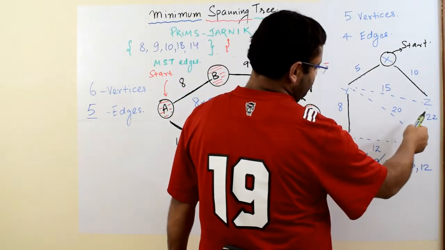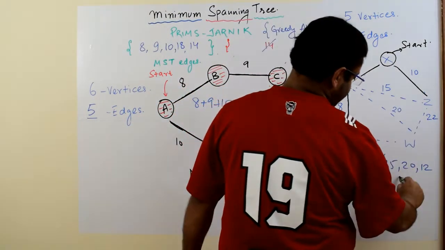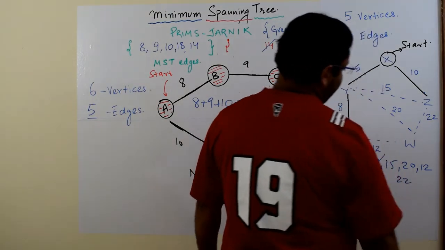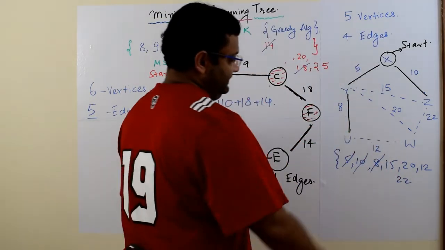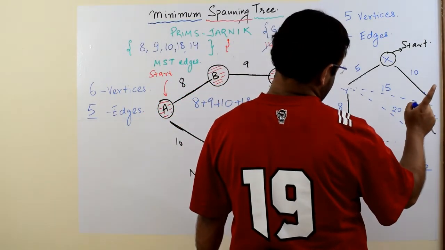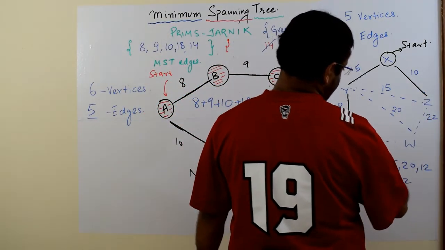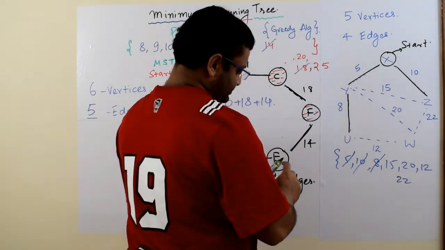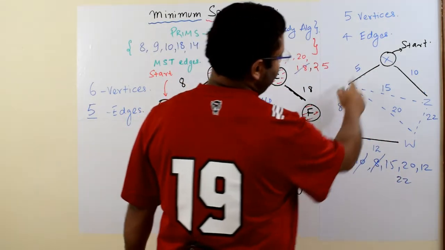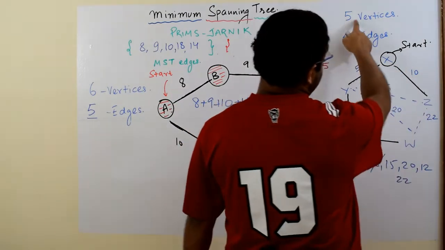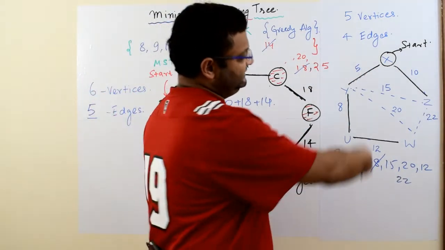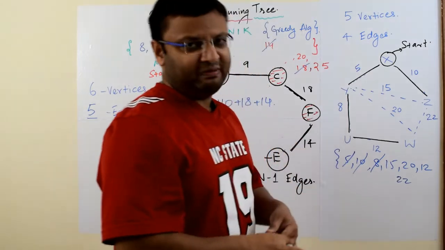Out of these you'll have 15, 20 which you already have, and add 22. Now out of these, it's time to choose the minimum edge, which would be 12, right? So let's choose this edge 12. How many edges have I chosen? 1, 2, 3, 4, and since my graph has 5 vertices, 4 edges are chosen, so this is my minimum spanning tree.